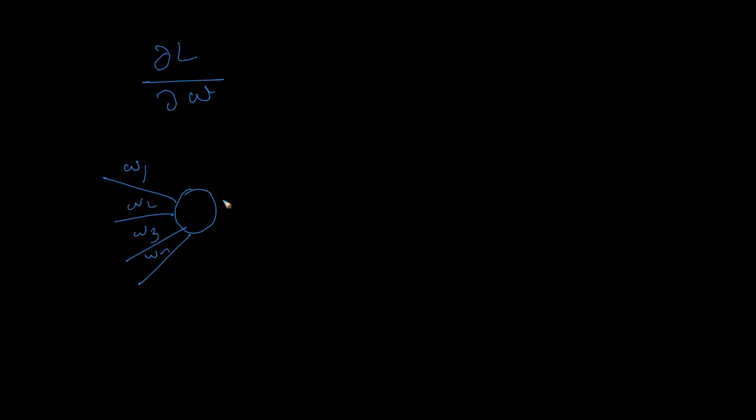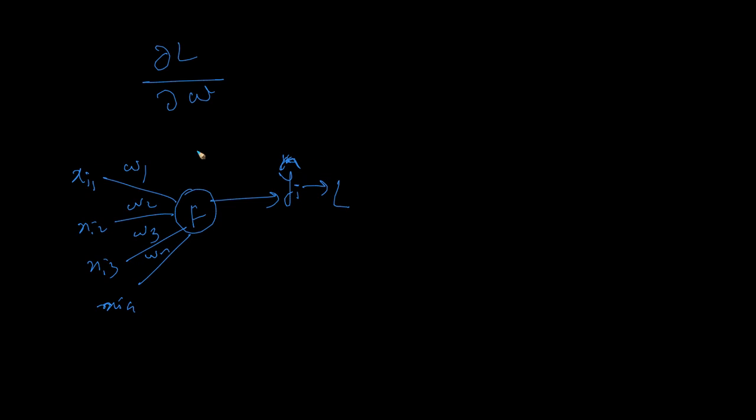So we want to compute dou L by dou W. Now if we look at the neuron model, here we have W1, W2, W3, Wn, the inputs xi1, xi2, xi3, xi4, then f, and this is yi hat, right? And then this yi hat will be translated into loss.